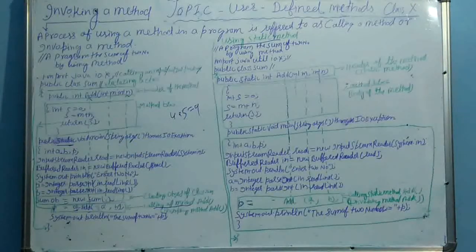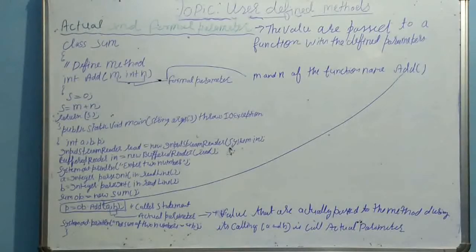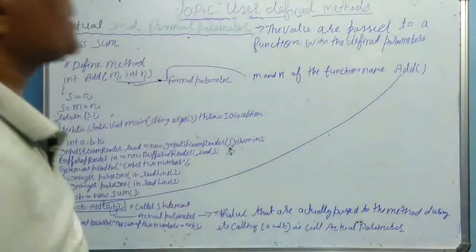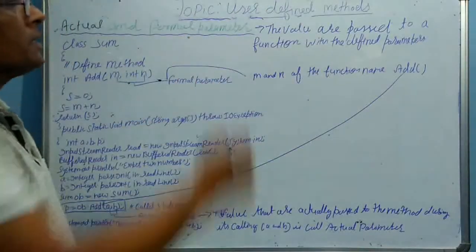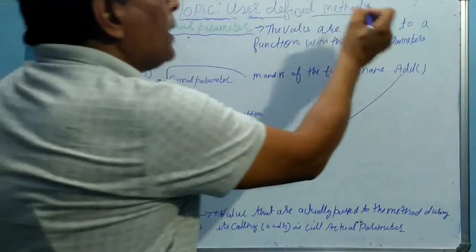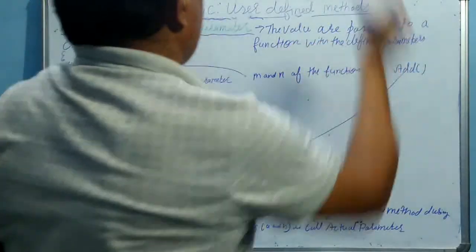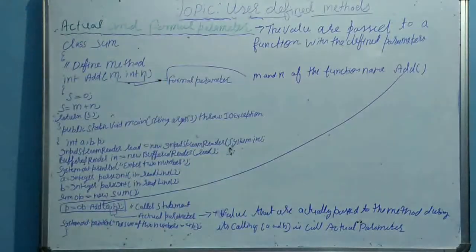Okay. Now we will discuss actual and formal parameters. So what are actual and formal parameters? The values that are passed to a function with a defined parameter, that is called actual and formal parameters.